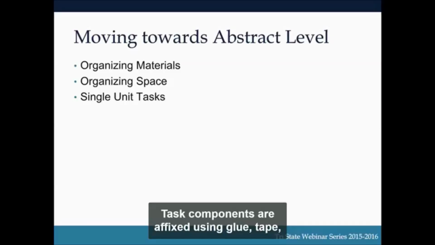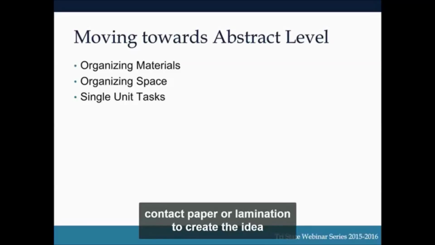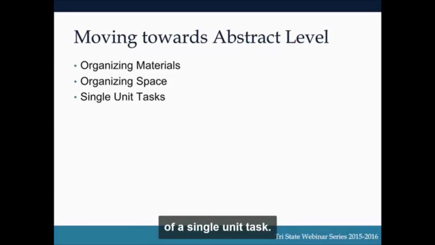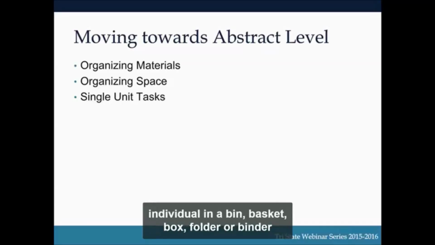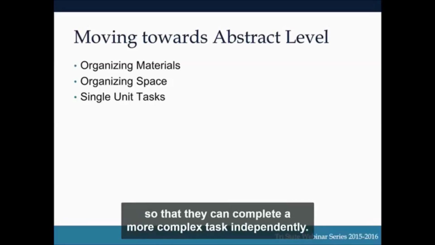Task components are affixed using glue, tape, contact paper, or lamination to create the idea of a single unit task. Present task framework and components to the individual in a bin, basket, box, folder, or binder so that they can complete a more complex task independently.